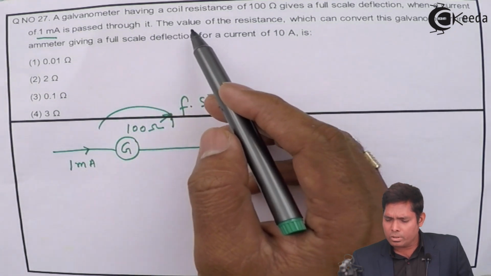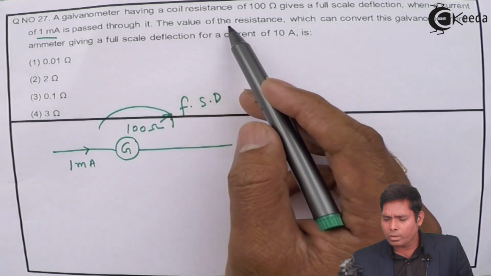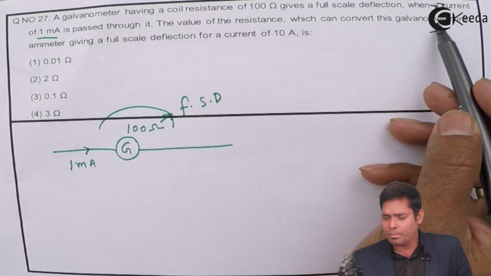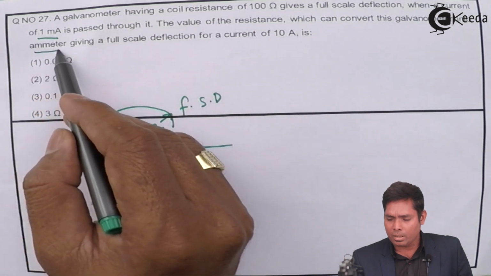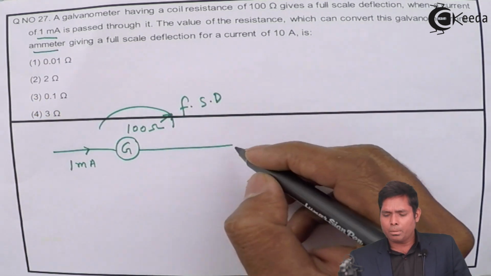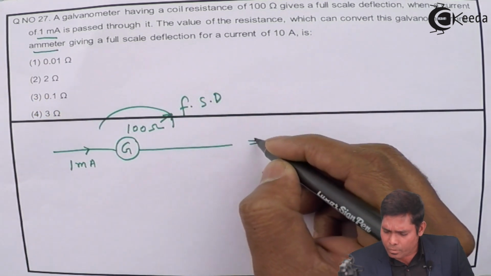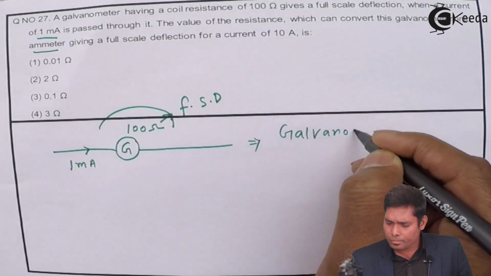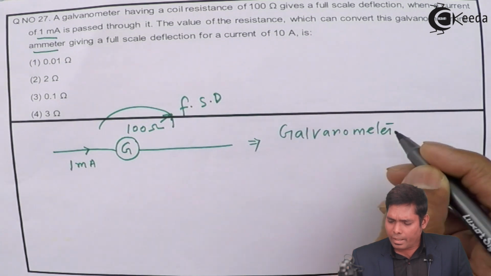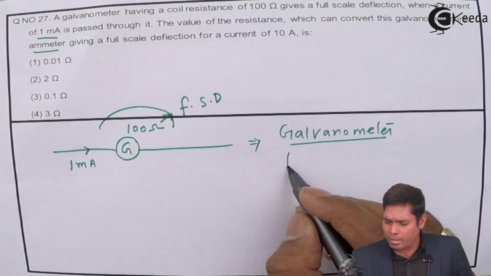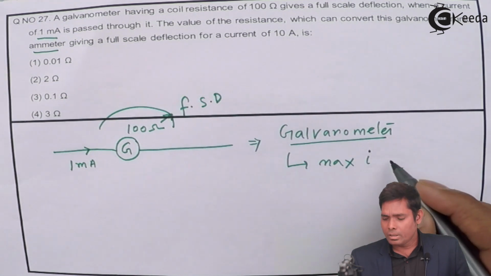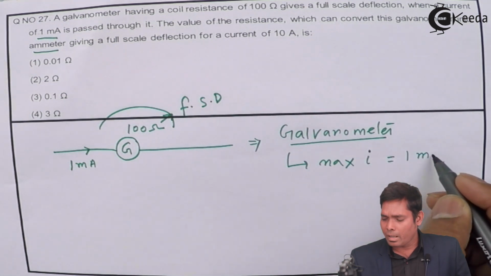Now what is the question? The value of the resistance which can convert this galvanometer into an ammeter. So this particular instrument, which is called a galvanometer, has a certain limit: the maximum current it can measure in this situation is 1 milliampere.